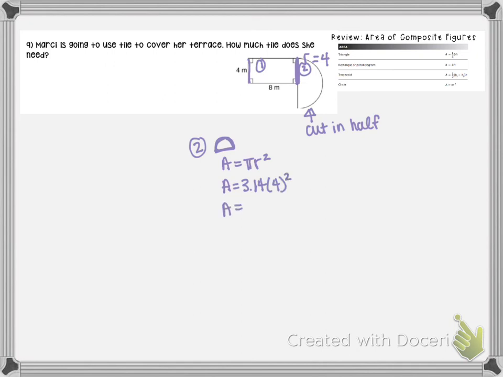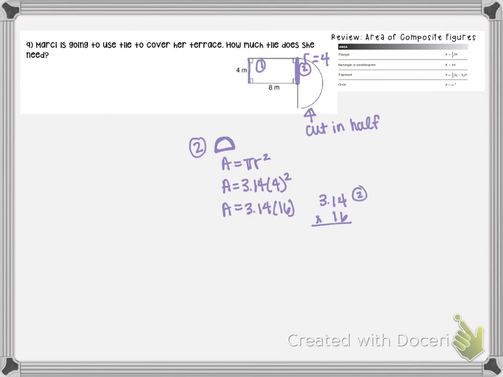What does 4 squared mean? 4 squared means 4 times 4, which is 16. Okay, so then now we just have to multiply 3.14 times 16, right? And that gives us the circle.